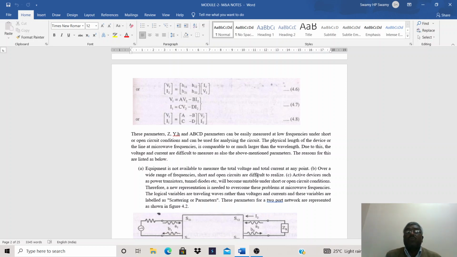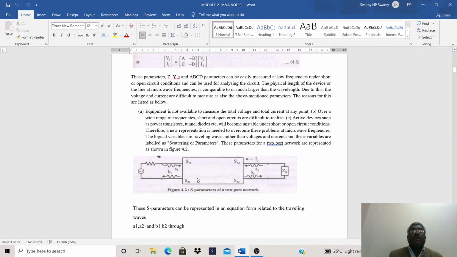These parameters for a two port network are represented as shown in the figure. How are you going to represent these parameters? Earlier we discussed the Z parameters, Y parameters, H parameters and ABCD parameters in a two port network. S11 is the input parameter at the input port.